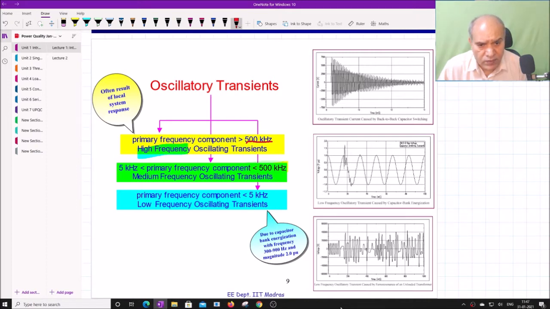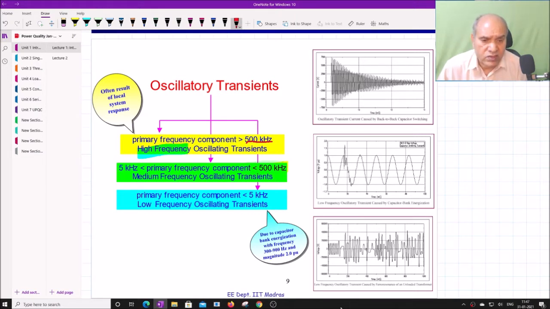The next two examples are low frequency transients, because of capacitor bank energization and because of the ferroresonance phenomenon in an unloaded transformer.